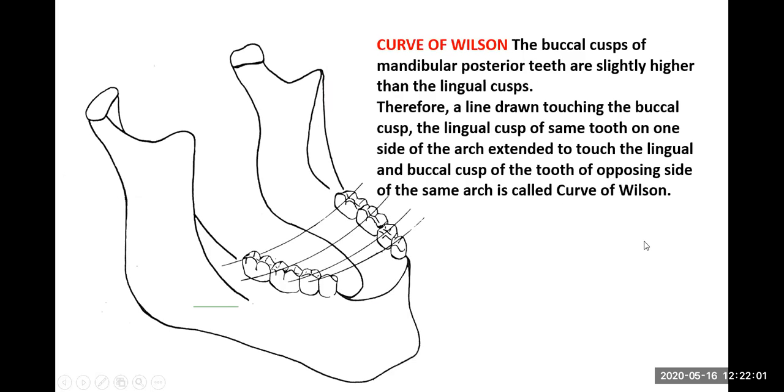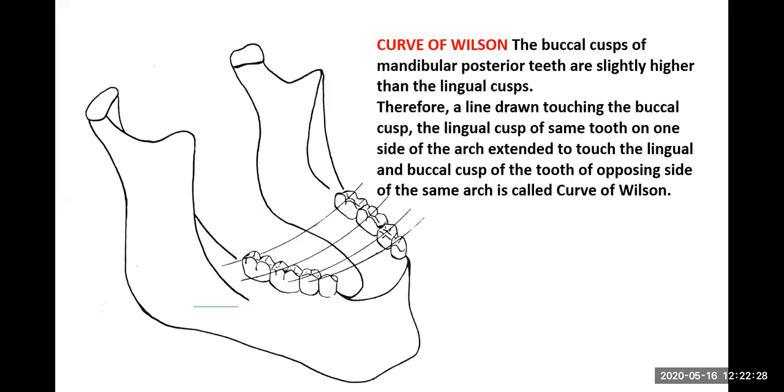Curve of Wilson. Curve of Wilson concerns the buccal cusps of mandibular posterior teeth, which are generally slightly higher. The buccal cusps of mandibular posterior teeth are usually higher than the lingual cusps.